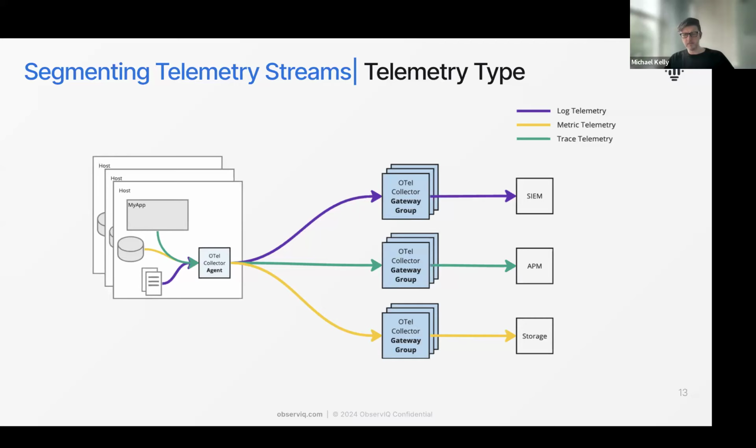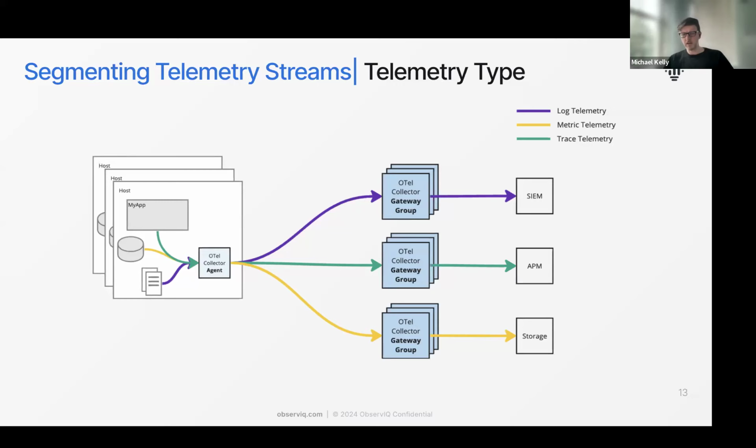I'd say that this is a bit less common because what we found is most folks end up commingling their telemetry at some point. So if you're getting logs from a certain source, it's likely that you're going to end up passing metrics through as well, and they're going to get combined. But that's not necessarily the case, and so this is certainly something you can consider, and it's easy to implement in the same way that it is if you're breaking up by application or by team.